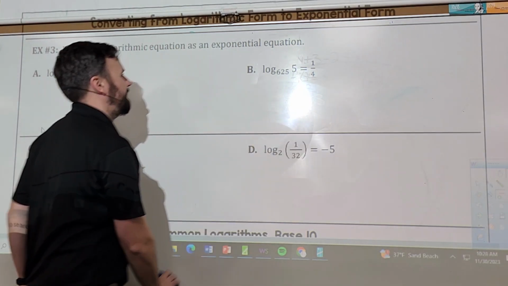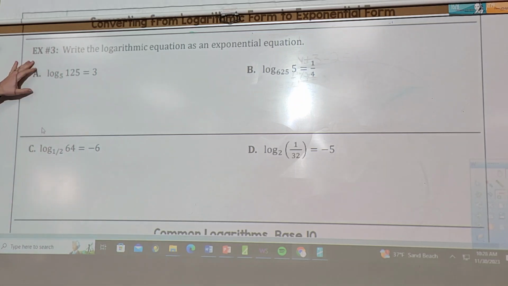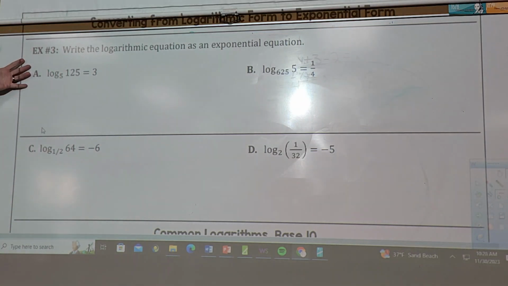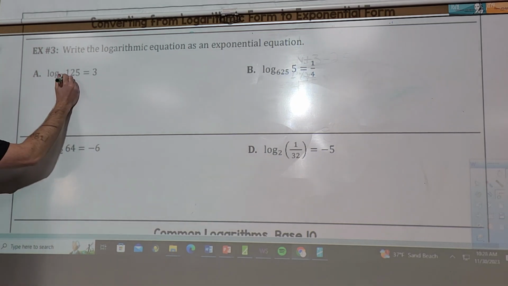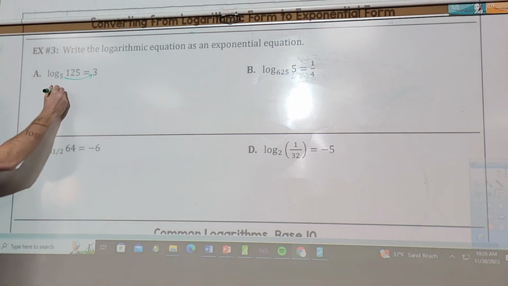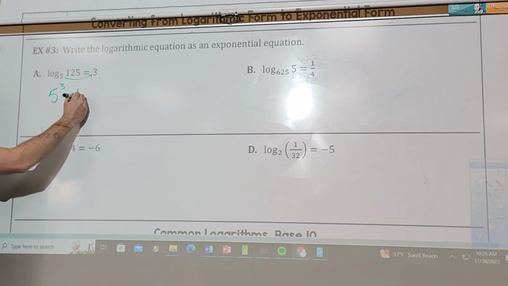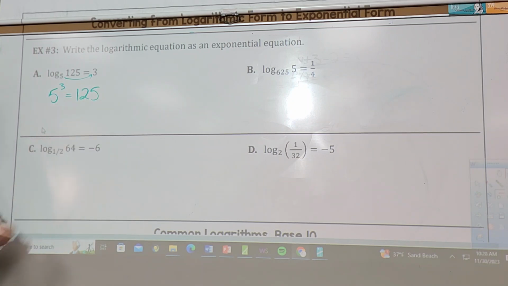I shouldn't say that. All right, now can I go reverse? Can I go from log to exponential? Does 5 to the third equal 125? That's what the function does, actually. It's asking, log base 5 of 125, what power does 5 have to go to get 125?